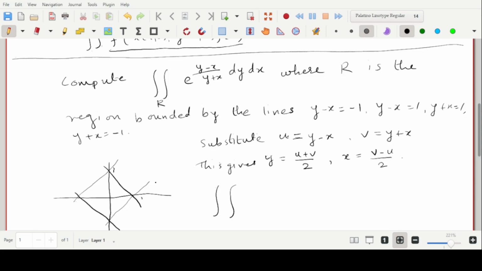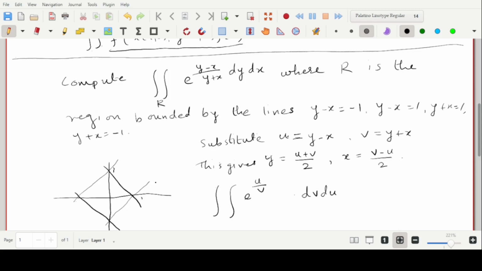So y minus x is u, so we can write this as e to the power u over v. We can write here du dv or dv du, whatever. We are yet to find out the Jacobian, which we shall do very soon.